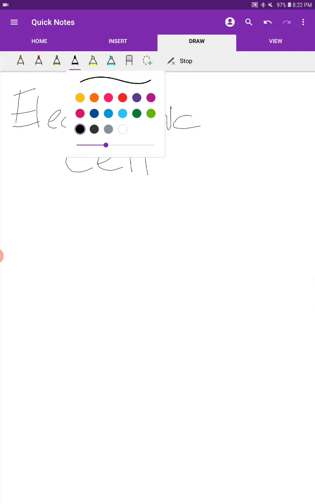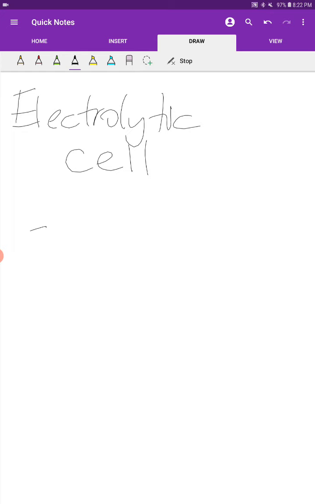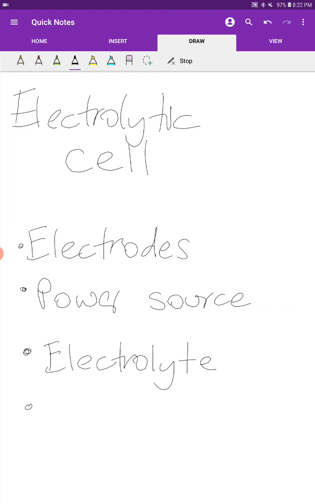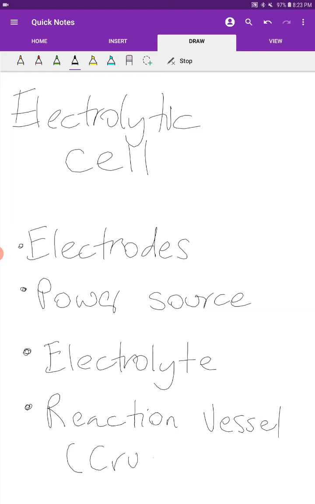You have electrodes. You have a power source. You have the electrolyte. And you have the reaction vessel or the reaction container. Sometimes it's called a crucible.